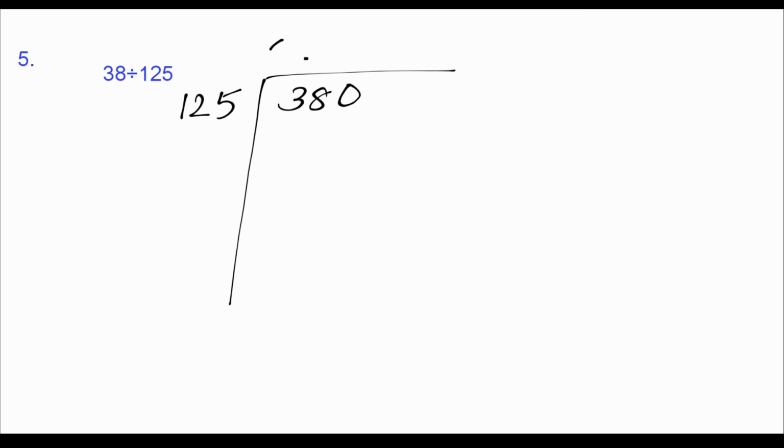Third subdivision, 38 divided by 125. So 125, 38. Since the dividend is smaller than the divisor, we can add a 0 here and put the decimal point on the quotient. Okay, then our quotient will be starting at 0 point. So 125 3s are 375.